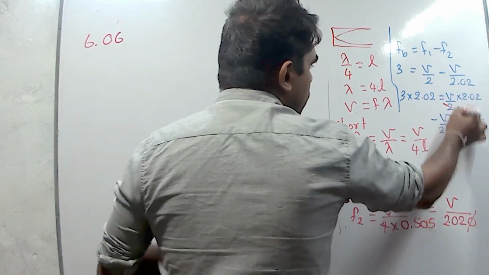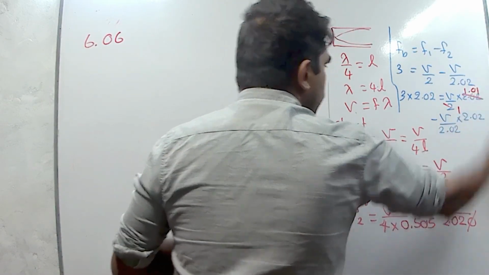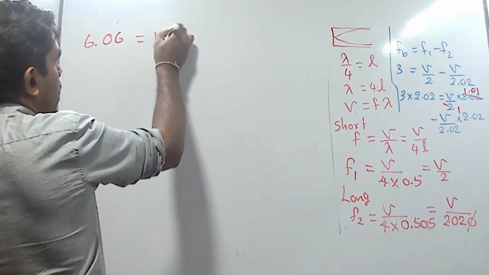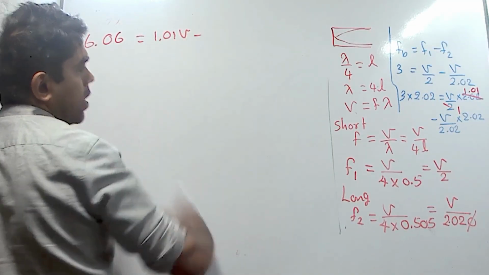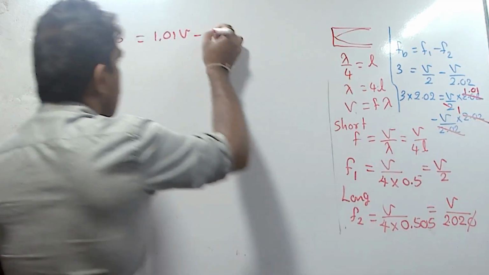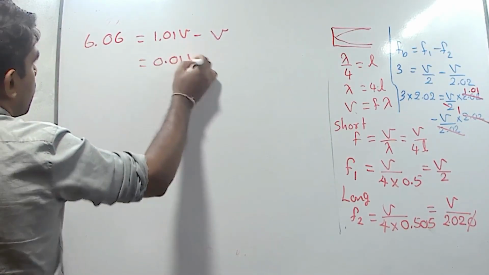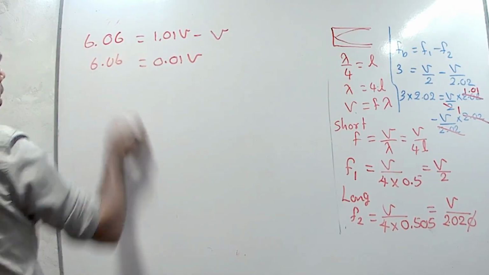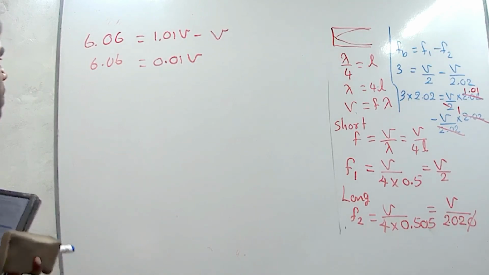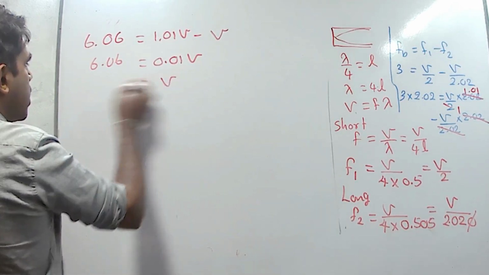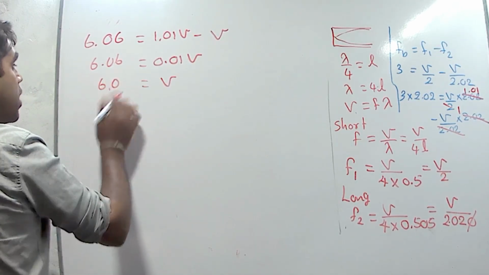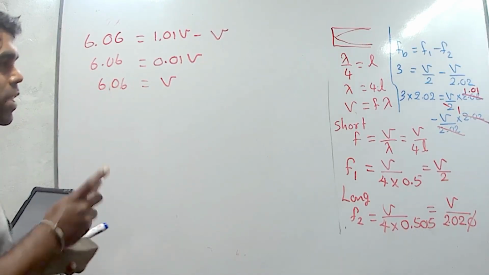We can cancel out to 1.01. 1.01 V minus V means 0.01 V equals 6.06. We can cancel out 2 decimal places. Then V is 606 meters per second.